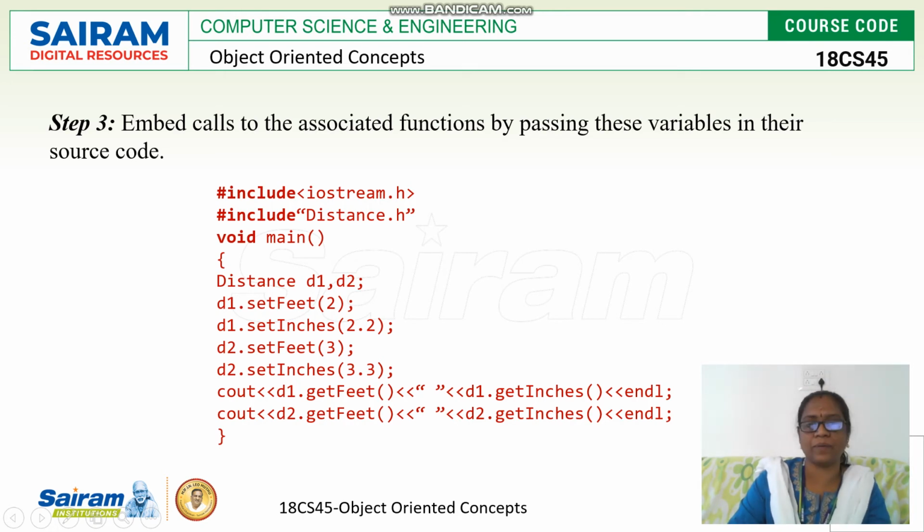Here distance is a class, and D1 and D2 are the two objects. Using the two objects, the methods of the class distance are invoked. So D1.setFeet equal to 2, D1.setInches of 2.2, D2.setFeet 3, D2.setInches 3.3. Likewise, the member functions are called, and in cout, that means in the display, getFeet and getInches of the first object and getFeet and getInches of the second object are also invoked.